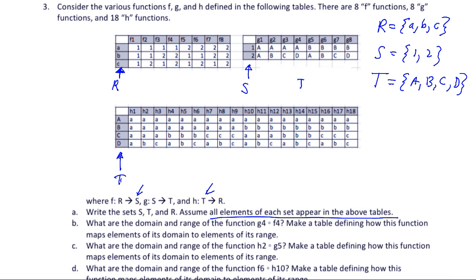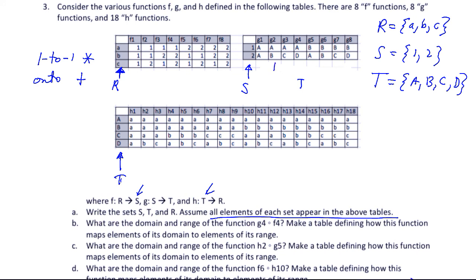And the 1-to-1 functions are the ones where we don't have any repeats. I'm going to mark 1-to-1 with a star, and onto I'm going to mark with a plus. Okay. And one-to-one functions means that I don't have any repeats.